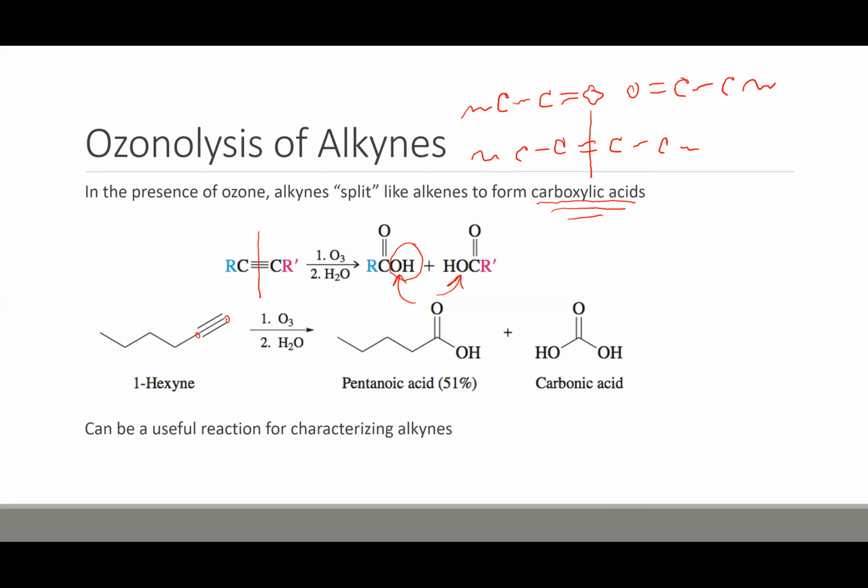This is another functional group we brought up in the functional group chapter. So notice on this molecule, we have whatever R group attached to our carbon and another R group attached to this side. You split it in half. This carbon is double bound to an oxygen and it has an OH attached to it. And same with the other side. So very similar to our double bond reaction, except here we're generating always a carboxylic acid as our product when we do an ozonolysis.